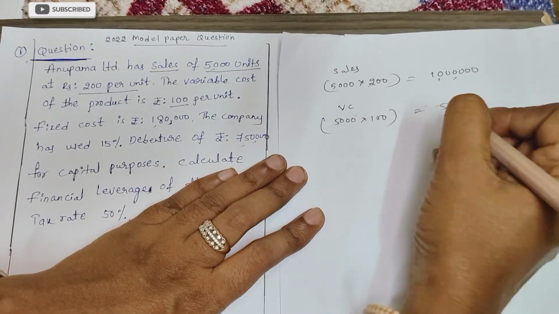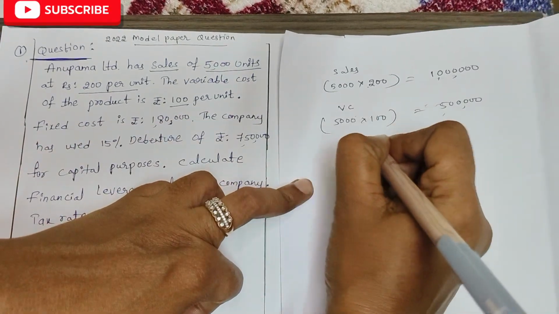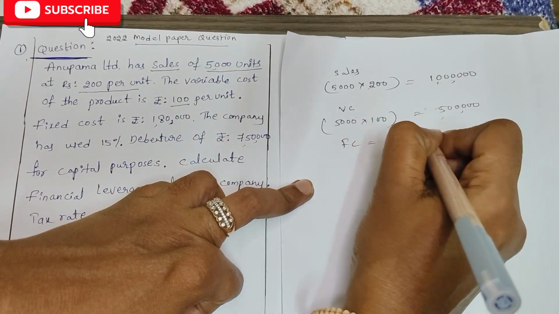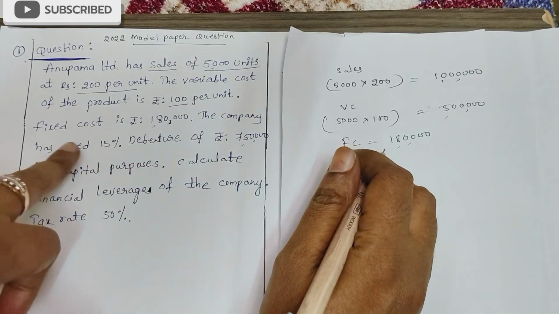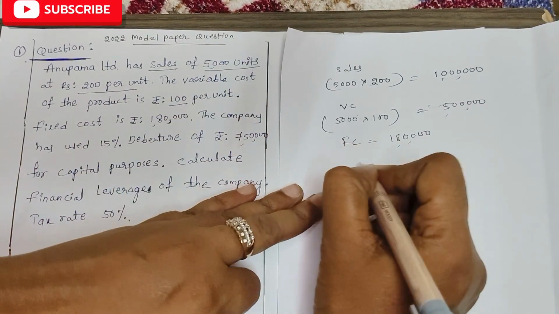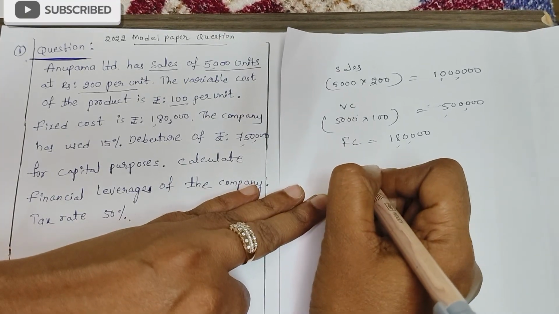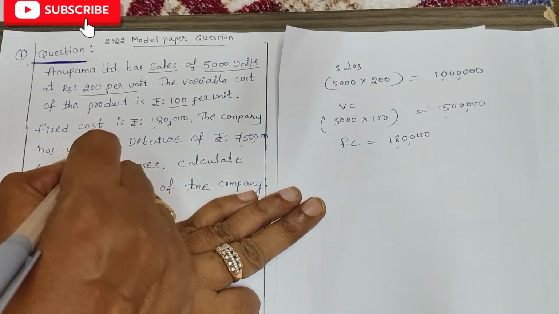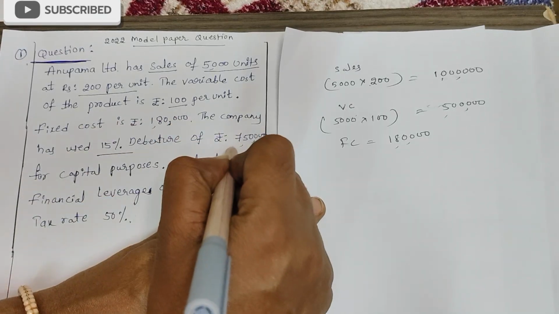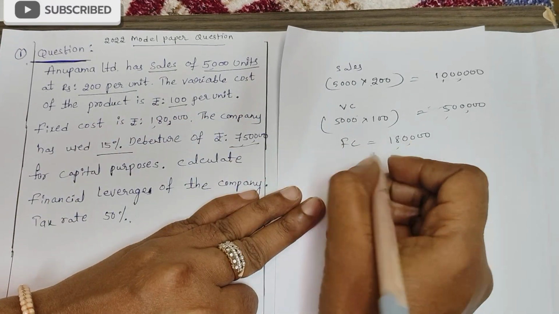Then fixed cost is 1,80,000. The company has used 15% debentures of rupees 7,50,000. So 15% debenture means on debentures 15% interest is there. On 7,50,000 just apply 15%, and you will get the interest on debentures.